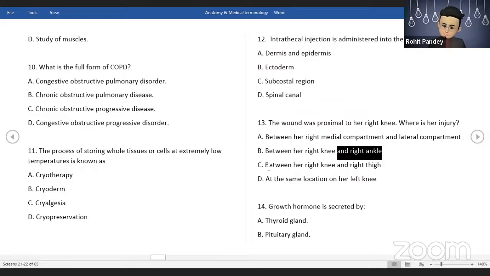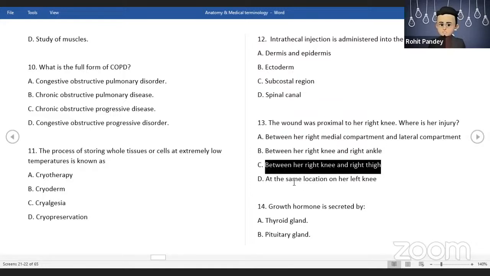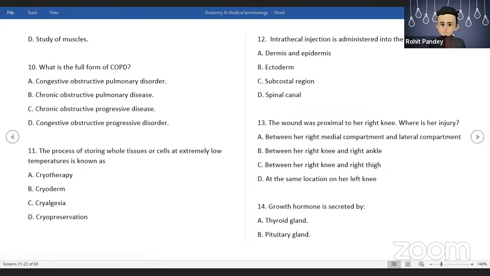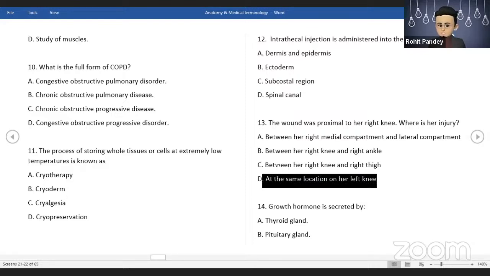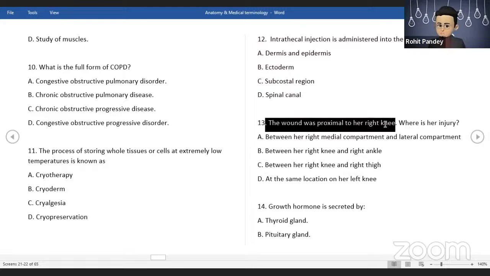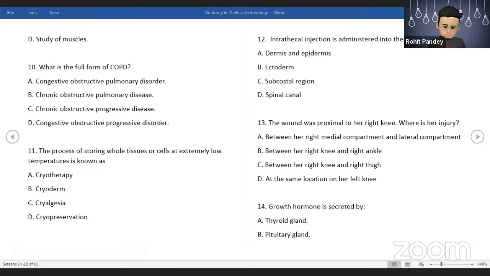C, between her right knee and right thigh; D, at the same location on her left knee. Tell me the answer. So the answer is between her right knee and right thigh. The wound was proximal to her right knee. So I will tell you about proximal.